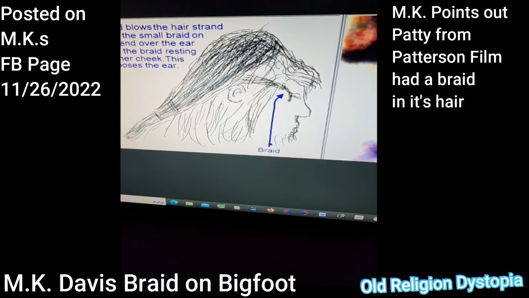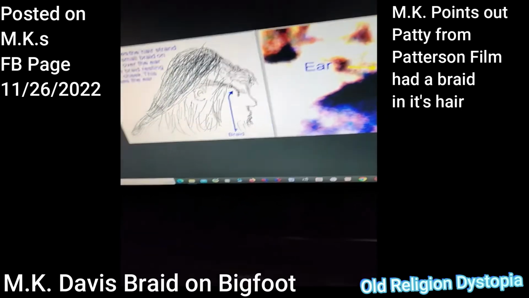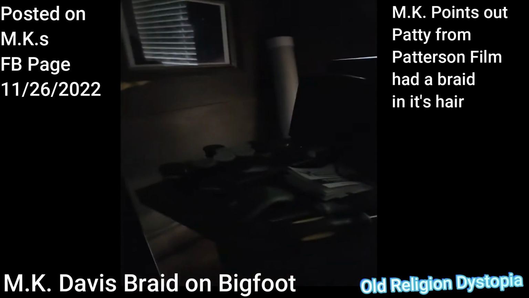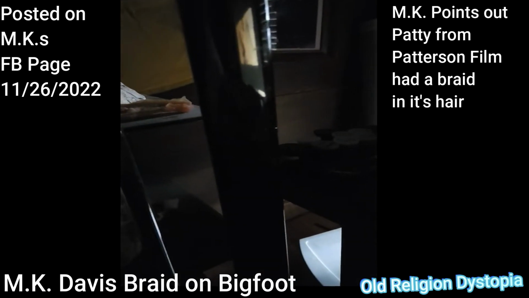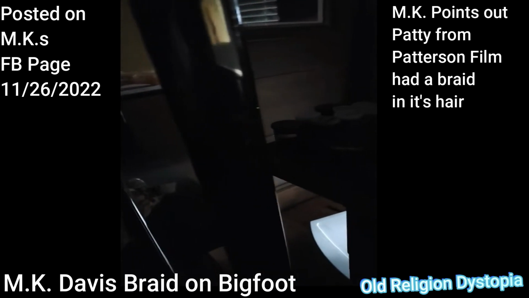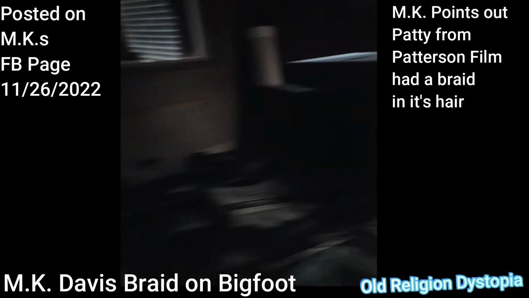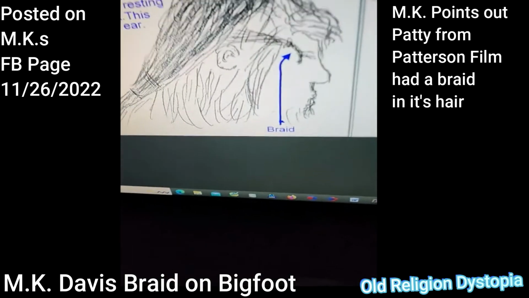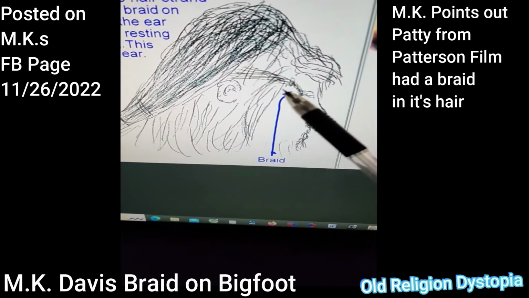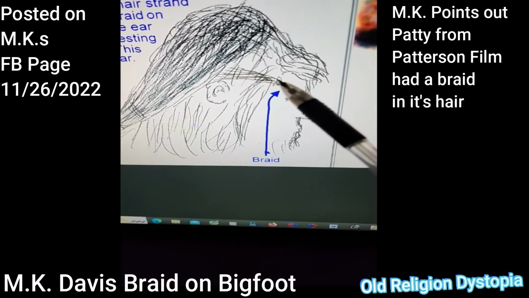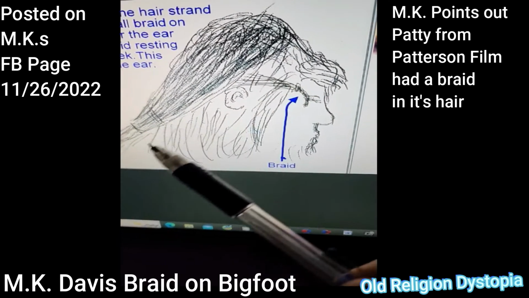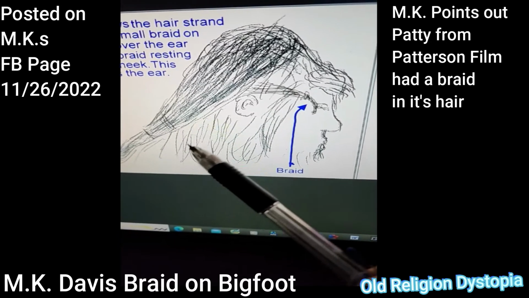Hold on, I'm going to get something else. Let me see if I have a pen. There's one. Right here is a side strand that blows from down here up over the ear.